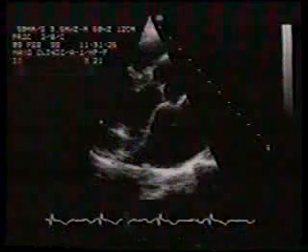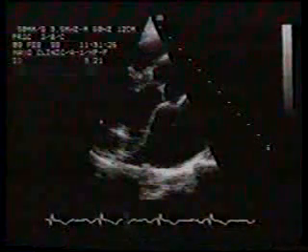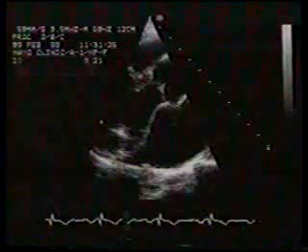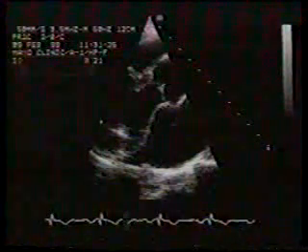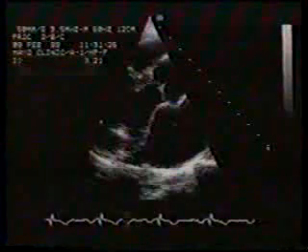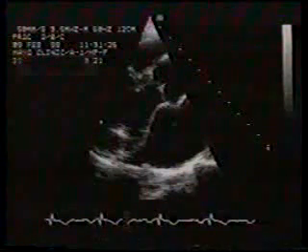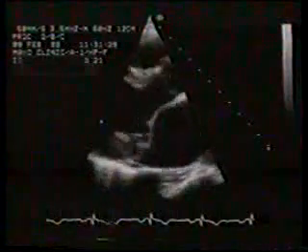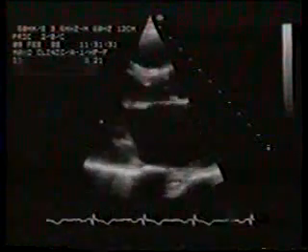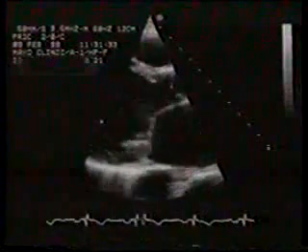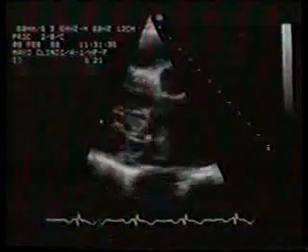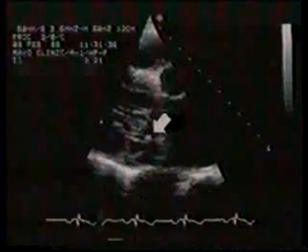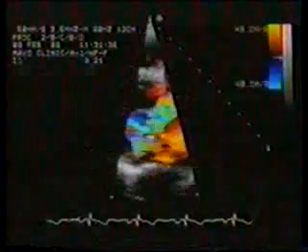The jet area to left atrial area method is time-consuming, and we want to emphasize that we use it in our laboratory only when the severity of regurgitation is not evident from simple visual inspection. Furthermore, there are certain situations in which tracing the regurgitant jet is problematic. This patient has mitral valve prolapse, and a flail segment of the posterior leaflet has been identified on this parasternal long-axis view.